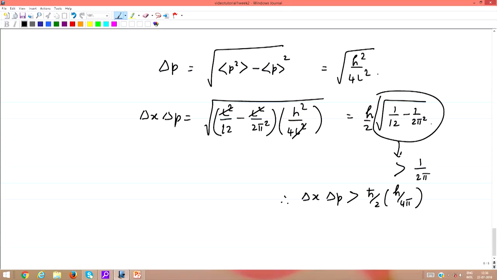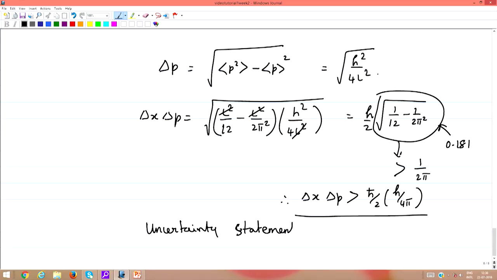The numerical value, if you calculate this, turns out to be 0.181, and that is obviously greater than the h by 4 pi, and therefore, the uncertainty principle is verified. The uncertainty statement is verified.